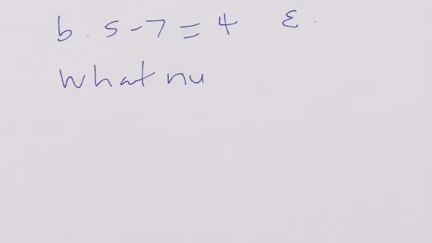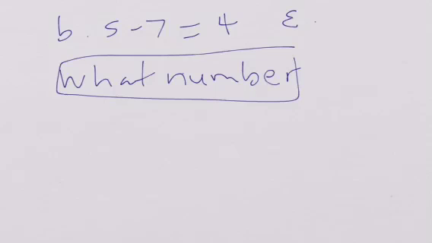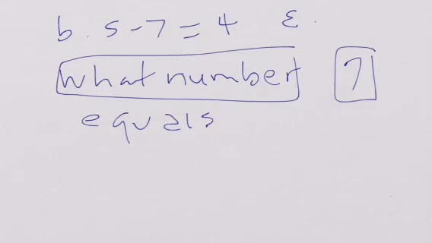On B, we have S - 7 = 4. That's the equation. Okay. The question is, what number, that goes in that first box, what number minus 7 equals 4?